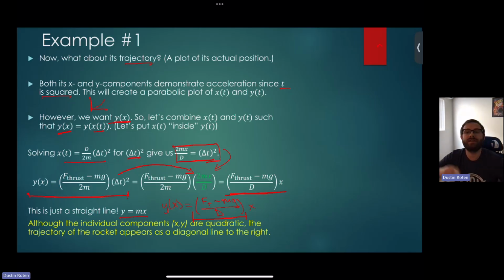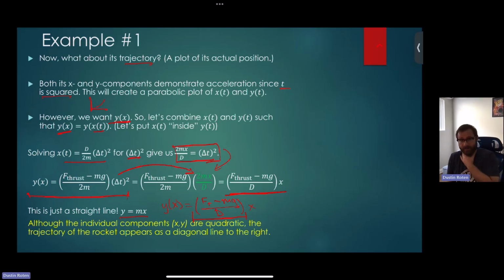It's really interesting that some of these really complex kinematic equations, when you look at the actual trajectories, can be quite simple. That's what this yellow point here is: although the individual components are quadratic, the trajectory appears as just a diagonal line upward to the right.